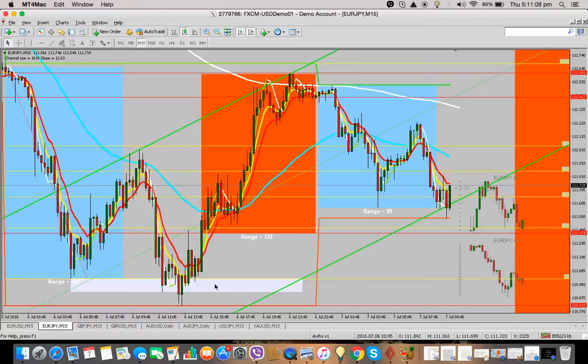When market does consolidate, after this here, you possibly would have considered a trade off of this candle here, because you truly don't know when the market's going to decide to continue pushing up.